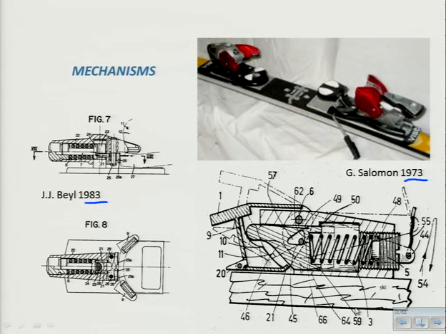So as we're looking at transmitting control loads, the control loads have to be transmitted through interfaces like there and there, where the boot presses against either the ski or there and there where it interfaces with the binding. So transmitting control loads, and actually look for those, are surfaces that are oriented in certain directions at certain places.